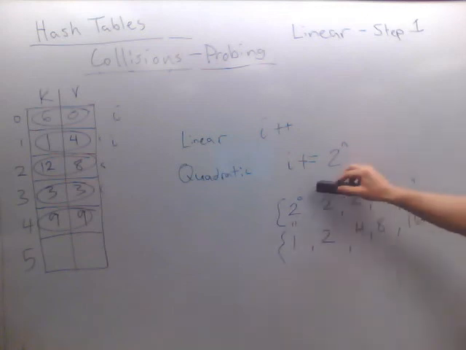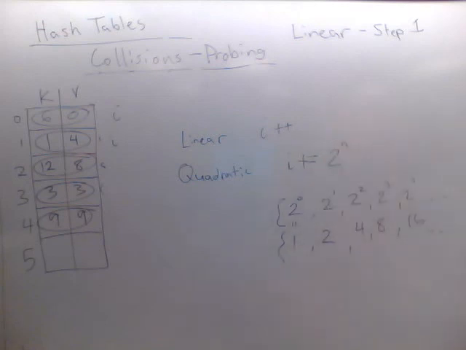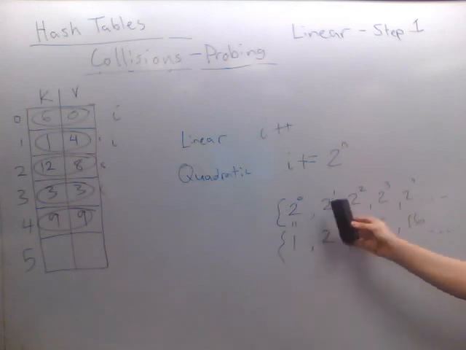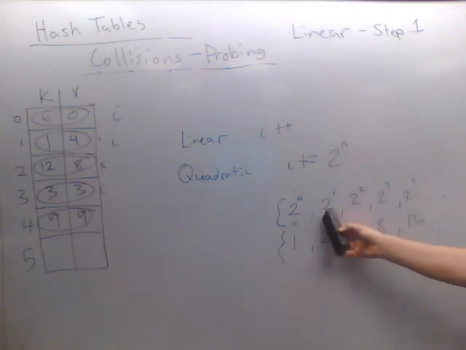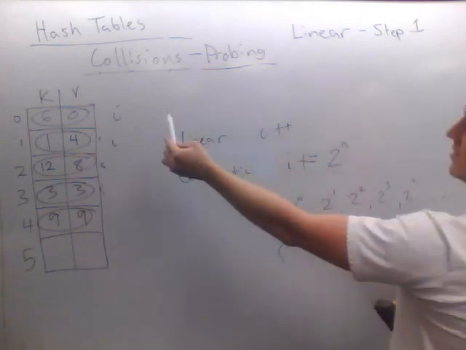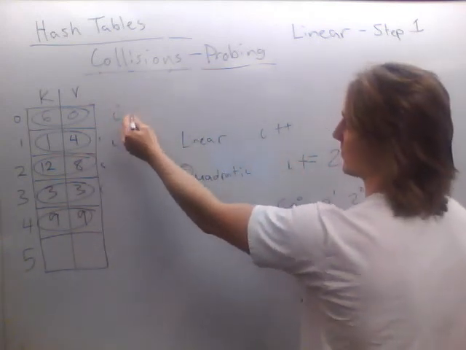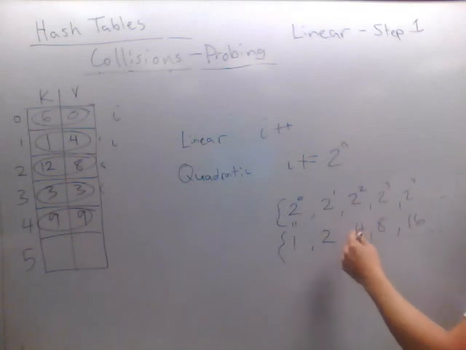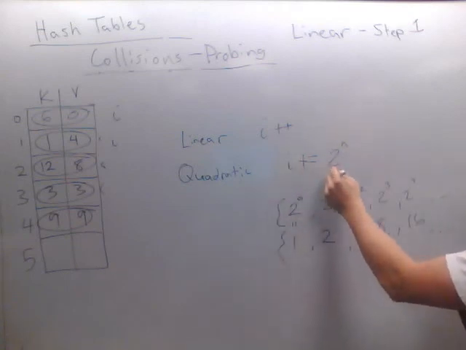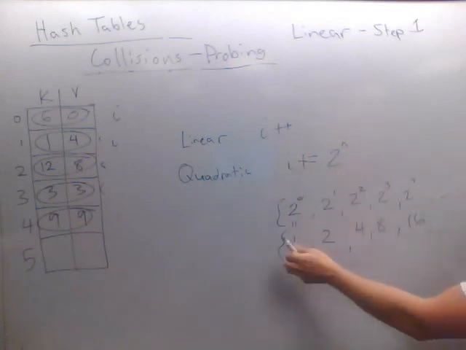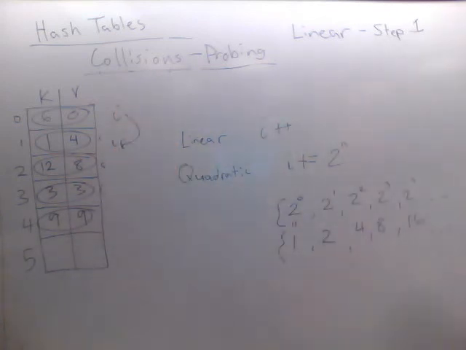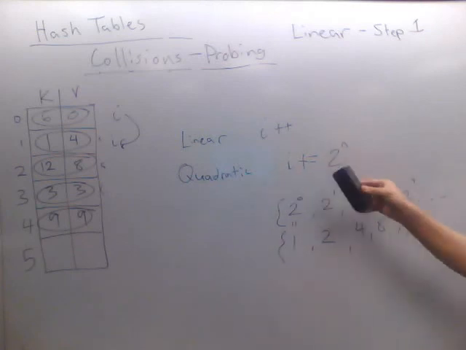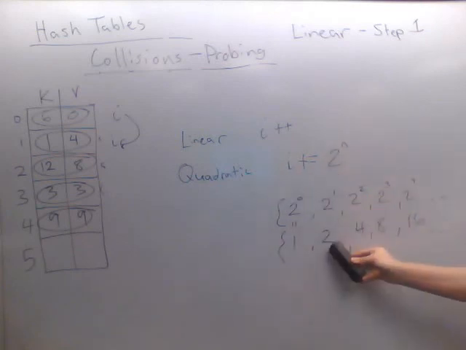So every time that there's a spot that's full, instead of taking one step, I'm going to use this equation. Starting at 0, I plus equals 2 to the 0th, so I take one step. Now from that point, I take 2 steps.